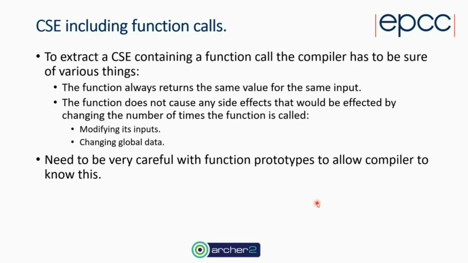This is where you would need either nice function prototypes to allow the compiler to know this, or language features such as, in Fortran, the pure keyword, which says this function does not change any of its inputs and does not change any global state. Otherwise, the compiler has to assume it does.